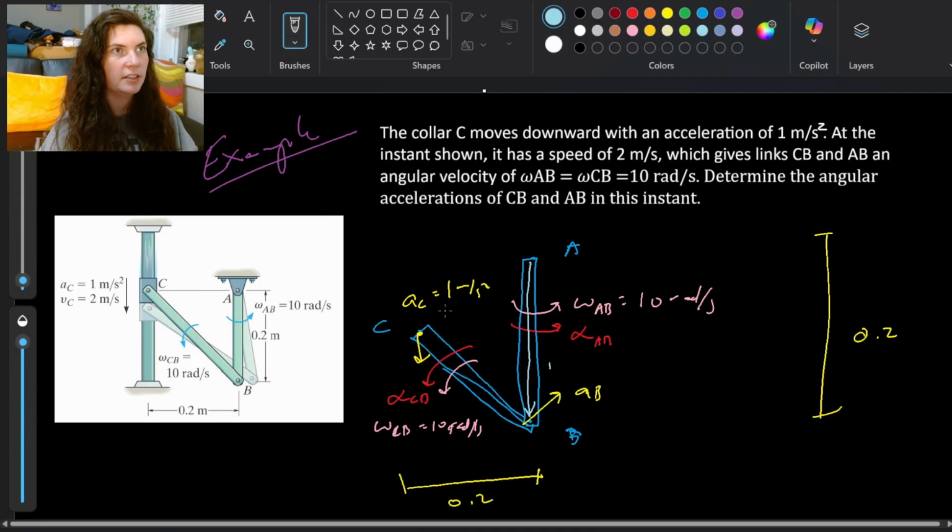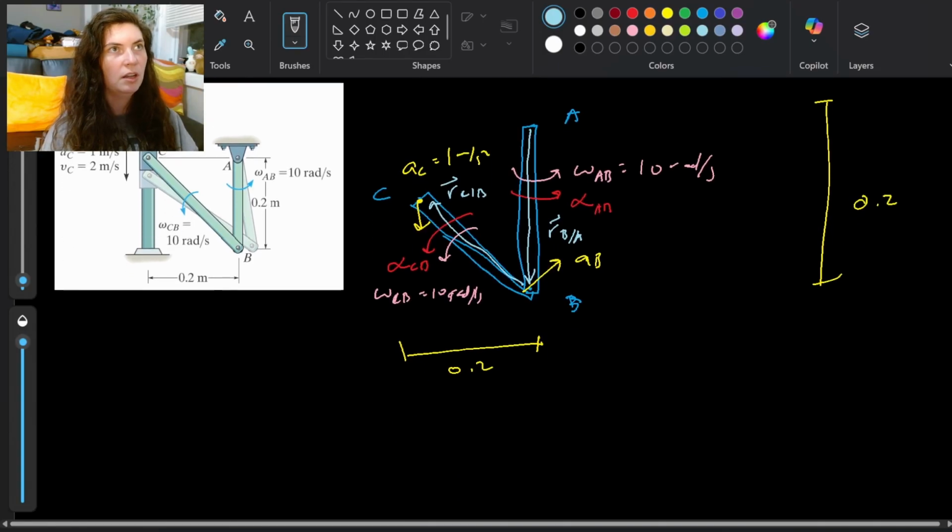We're going to have that vector of B with respect to A. And then we can also have that vector of R, C with respect to B, along each of those rods. So it's kind of a lot. That's why I like to usually break it out, but it can be nice to see it all together too.